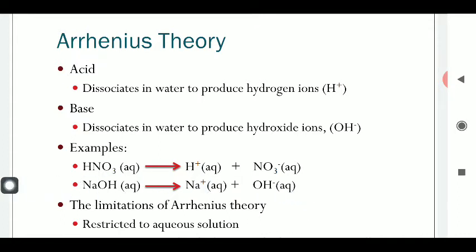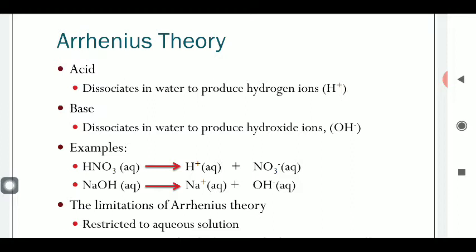You can take a few more examples. For example, calcium hydroxide. You know the formula of calcium hydroxide is Ca(OH) whole twice. So after dissociation, Ca(OH)2 dissociates to form the Ca2 positive ion as well as the 2OH negative ion. If you take aluminium hydroxide, the formula is Al(OH)3.